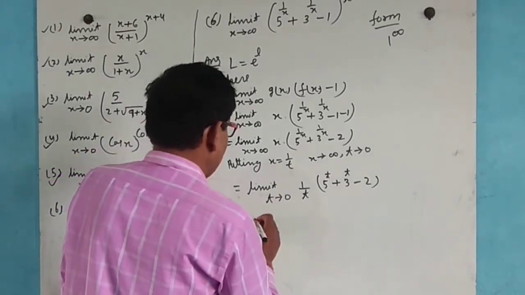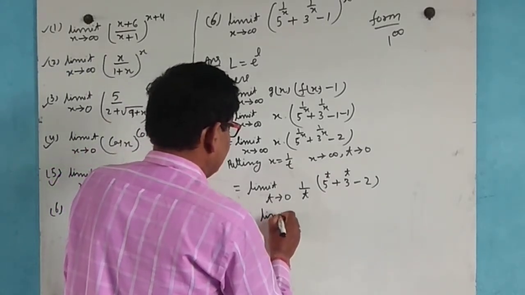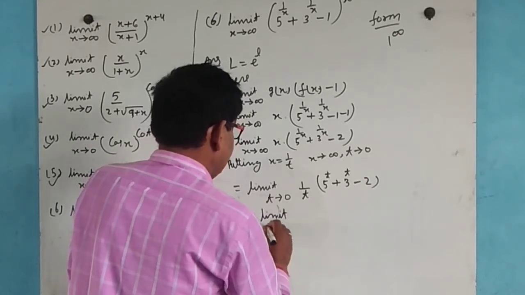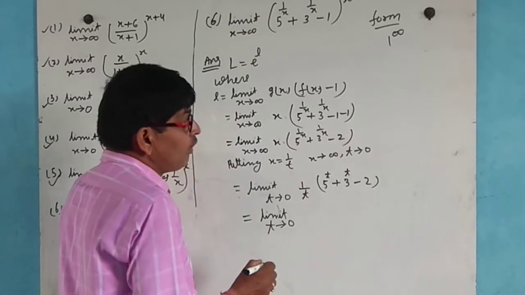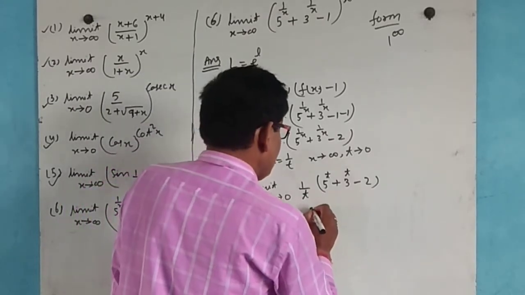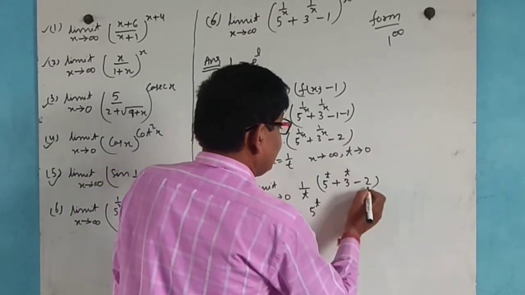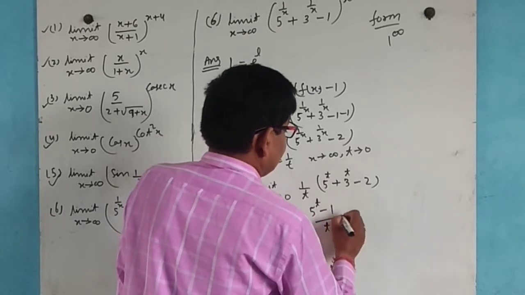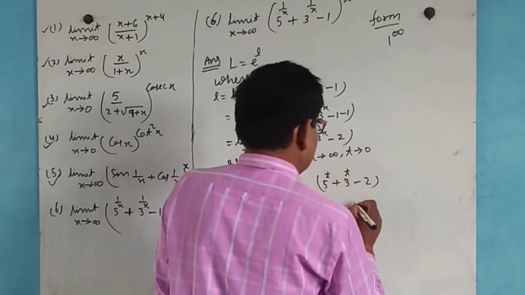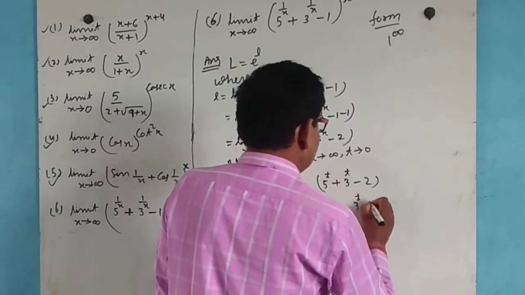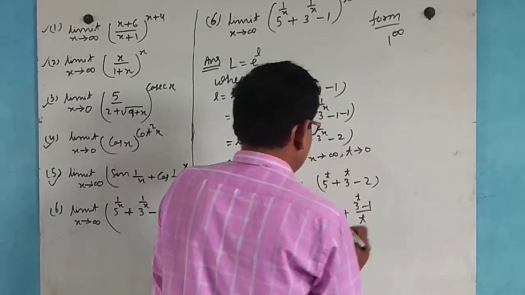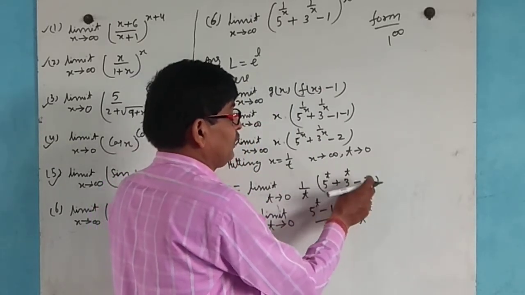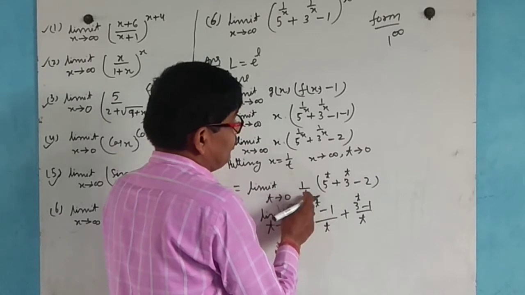Now limit t tends to 0, 5 to the power t minus 1 by t plus 3 to the power t minus 1 by t. This can be written as 5 to the power t minus 1 plus 3 to the power t minus 1, and by t here.